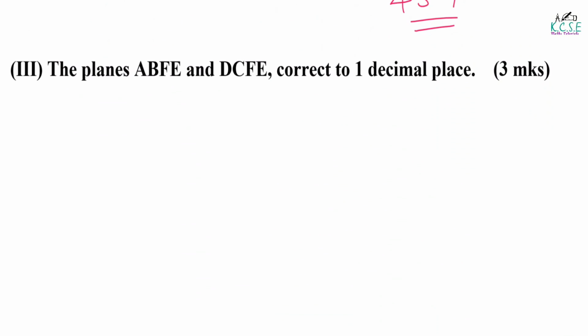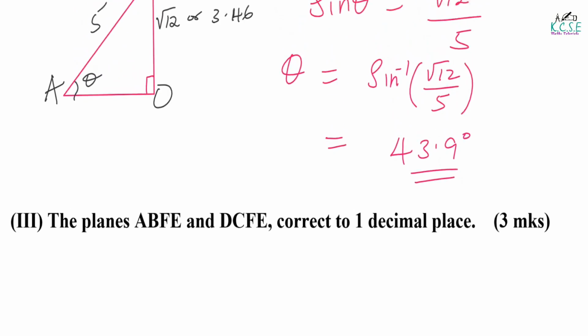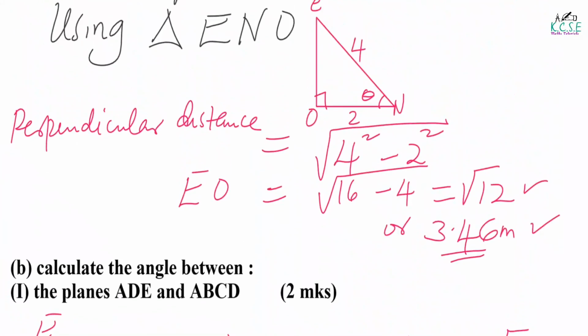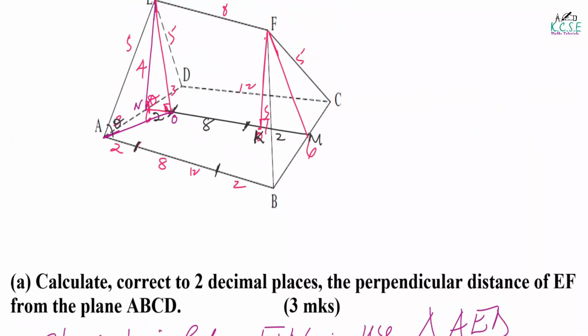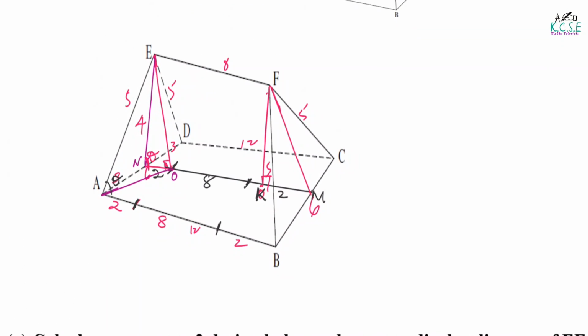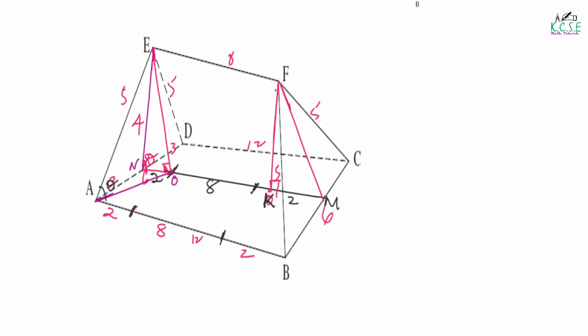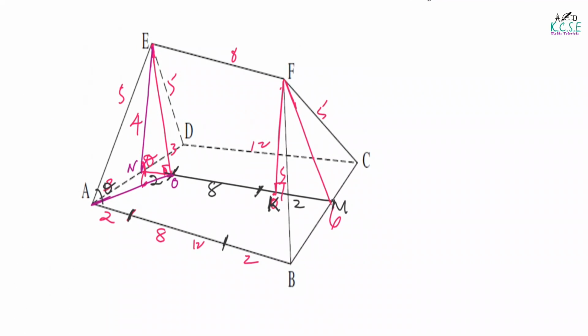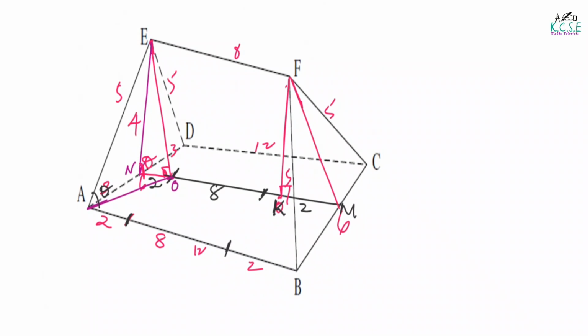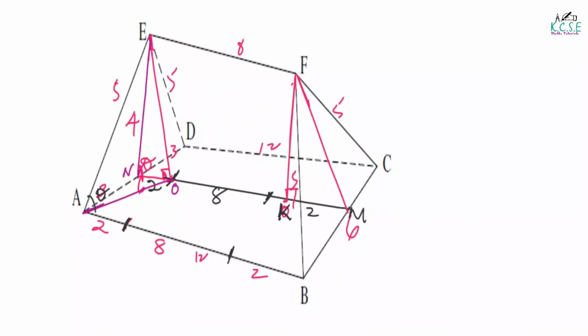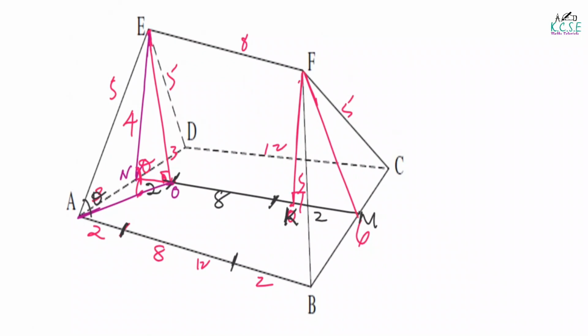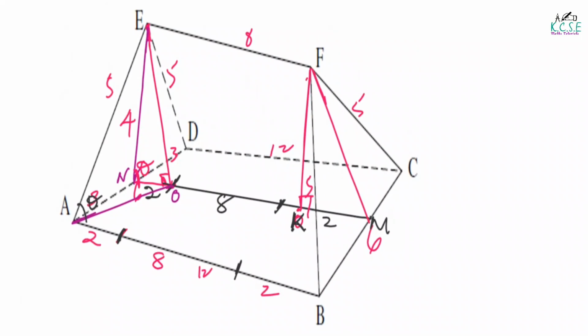Let's go to the last part of the question. The planes ABFE and DCFE. Let's see it from the diagram. You can see those two planes, ABFE and DCFE.